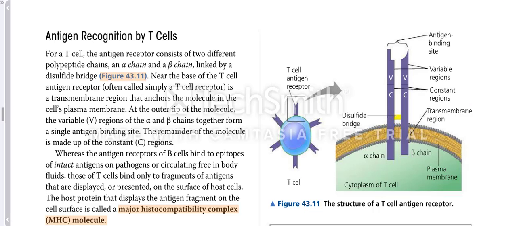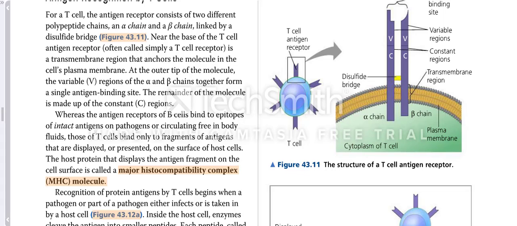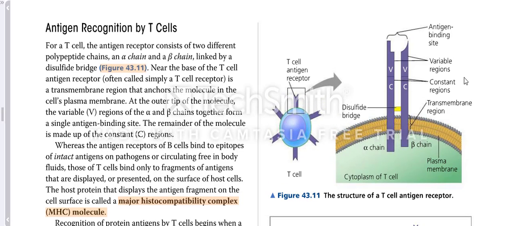Moving on again, we are now going to talk about T cells and their antigen recognition. So the T cell antigen receptor, like the B cell, as you can see over here in figure 43.11, will just be used to demonstrate.